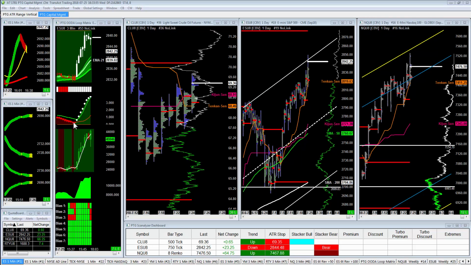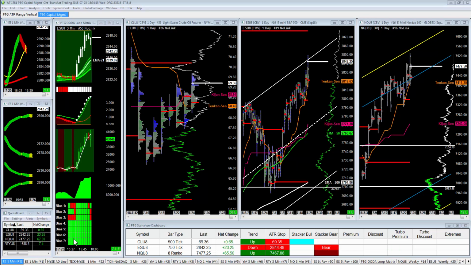We have the 3-minute momentum indicator here on the next segment. Below that is the cumulative delta, and the section just below that is the cumulative New York Stock Exchange tick. All right, and along with those, we have our biases down below.